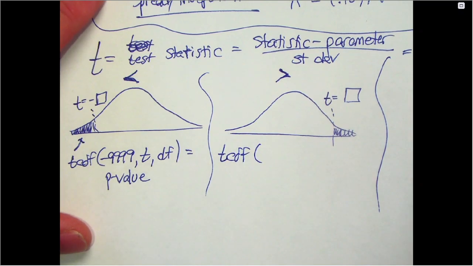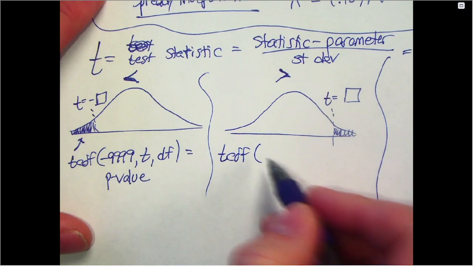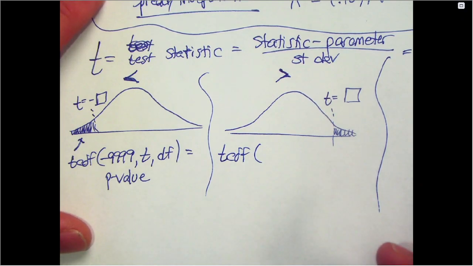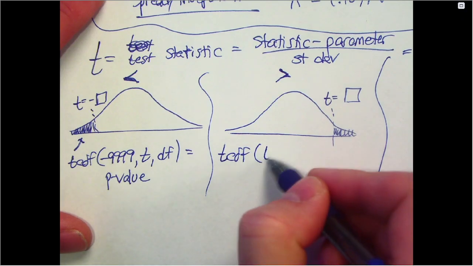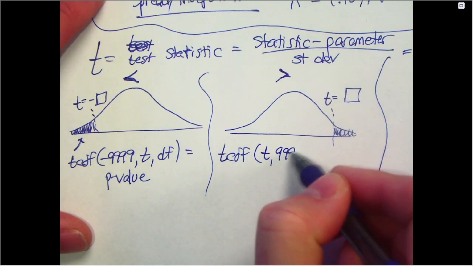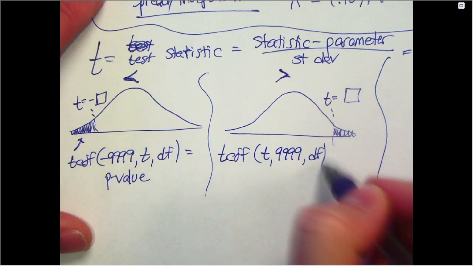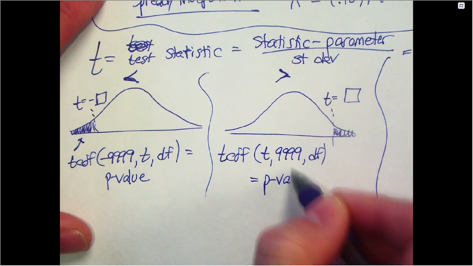And then the p-value would be, what's your lower boundary here? T, your upper boundary. 9999. Good. And then the degrees of freedom. That's your p-value.